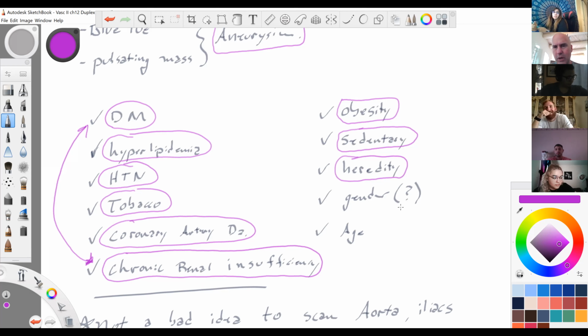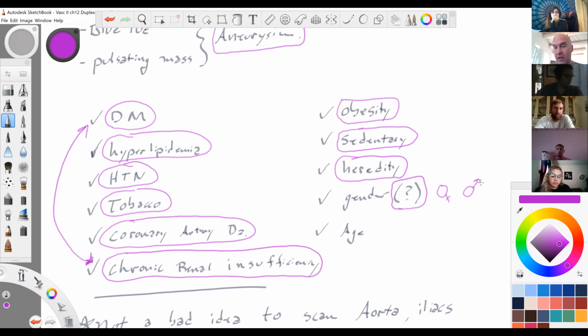Gender, I put a question mark here because the book was pushing gender a couple of chapters ago, and then it contradicted itself. So I don't know, in my opinion, male, female, I think we're about even when it comes to just general plaque.